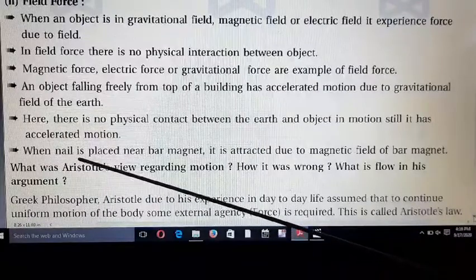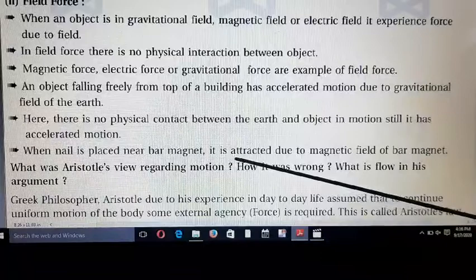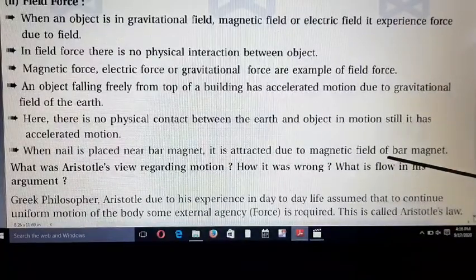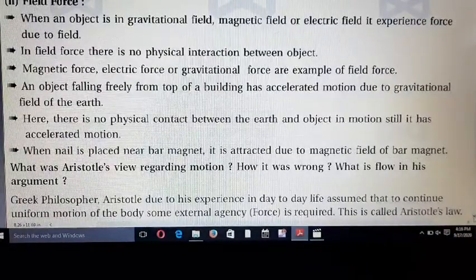When a nail is placed near a bar magnet, it is attracted due to the magnetic field of the bar magnet. We show in video.